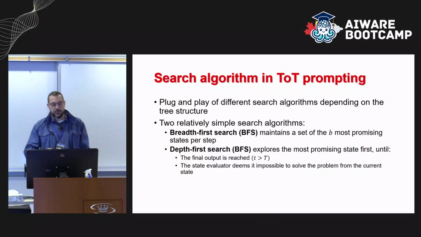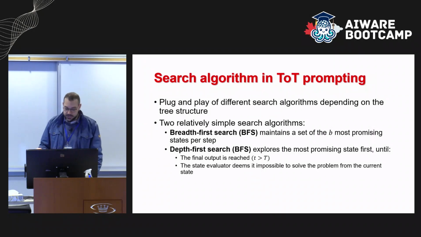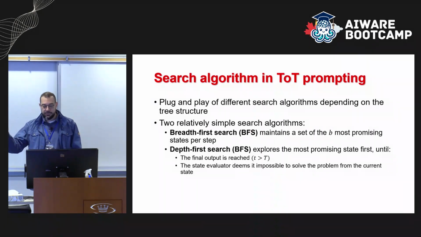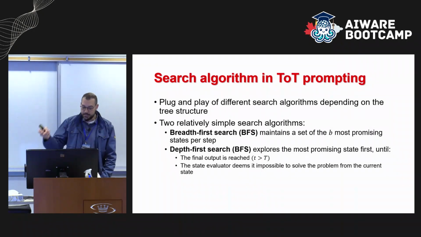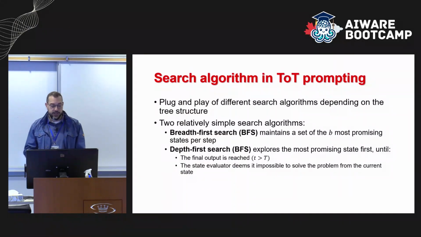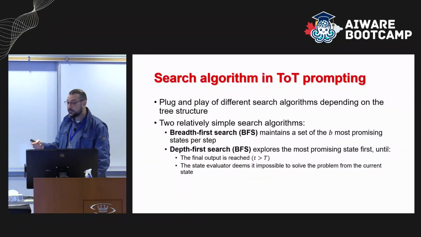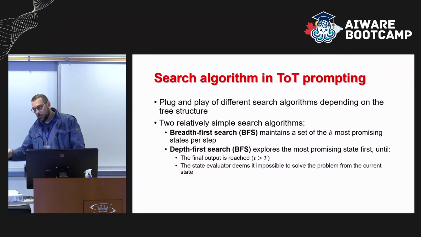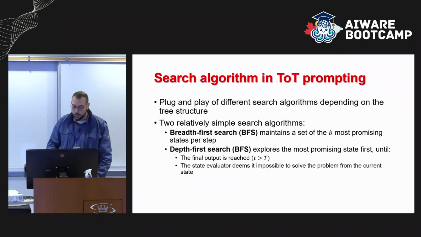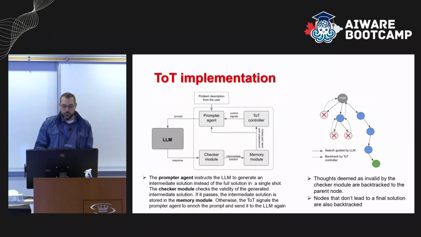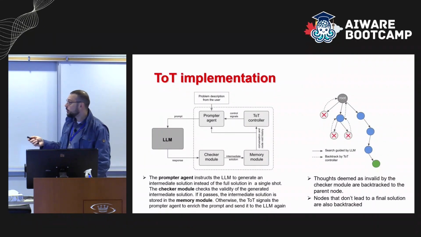And as I said, there is a search algorithm at the end, so you can use breadth first, which maintains a set of the most promising steps or thoughts in the tree. And you can have depth first, which evaluates a full chain of thought before it backtracks and tries another one. Here is an example of how this is implemented.